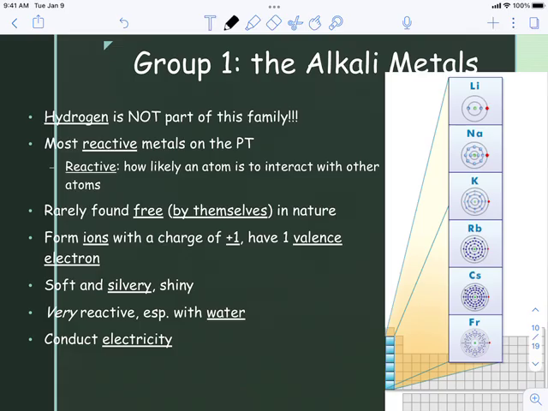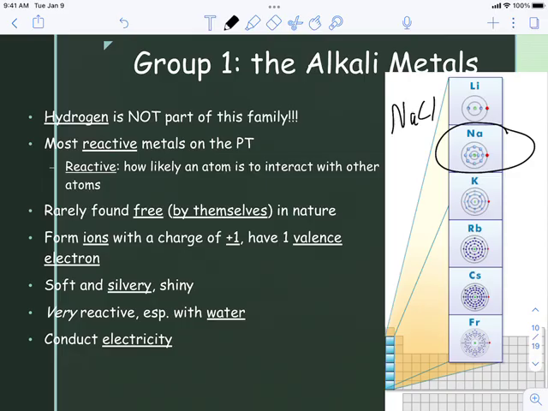They're rarely found by themselves because they are so explosive and reactive in water. So sodium, for example, Na, you won't really find sodium in nature, because if it would ever rain, that would be bad. We know something with sodium, sodium chloride, right? Table salt. But notice it's not alone, it's with chlorine there.